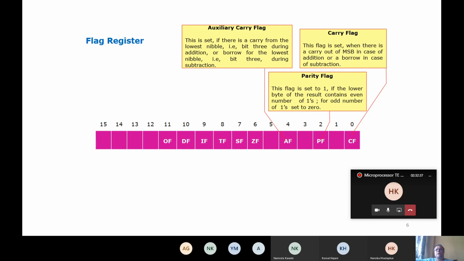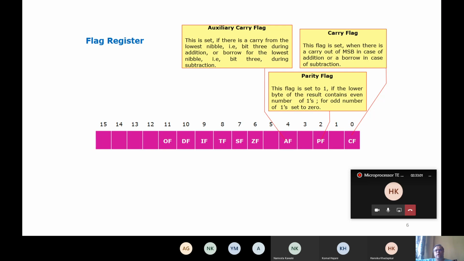Like the carry flag, if I ask you what is the practical use of the carry flag, you will say that if it is set, it indicates that the result in the destination is not the complete correct result. It is part of the result. One bit of the result is missing, and that you should consider as a carry flag. Is this clear?